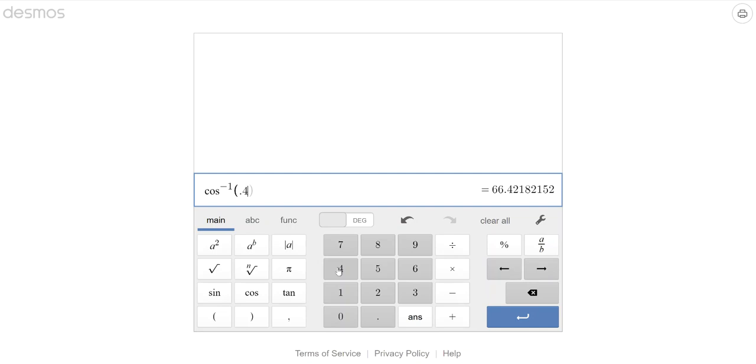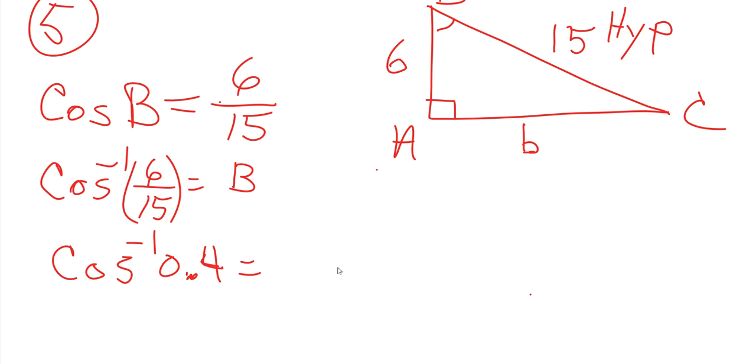Okay, and it equals 66.42, and if we do it to the nearest tenth of a degree, it'd be 66.4 degrees. So let's label that right there.